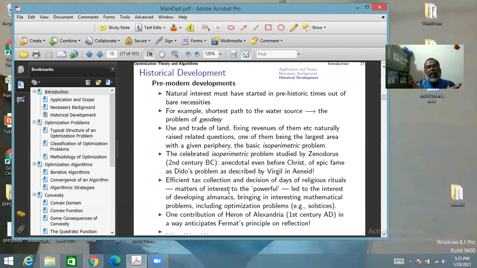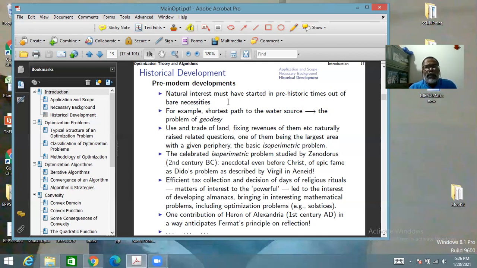For example, modeling correctly the solstices, which are actually the longest day, shortest day kind of problems. One contribution of Hieron of Alexandria, that was before Christ or just after Christ, in a way also anticipates Fermat's principle on reflection. So these are very old developments.